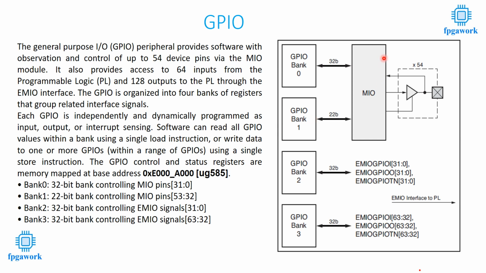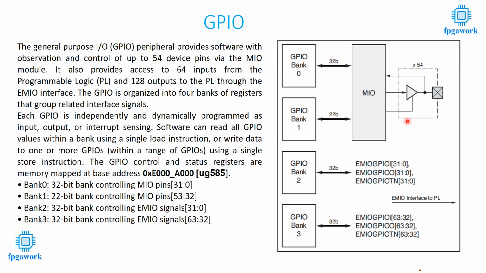As we know that MIO has only 54 pins, therefore bank 0, 32 bits, is directly connected with the first 32 MIO pins.